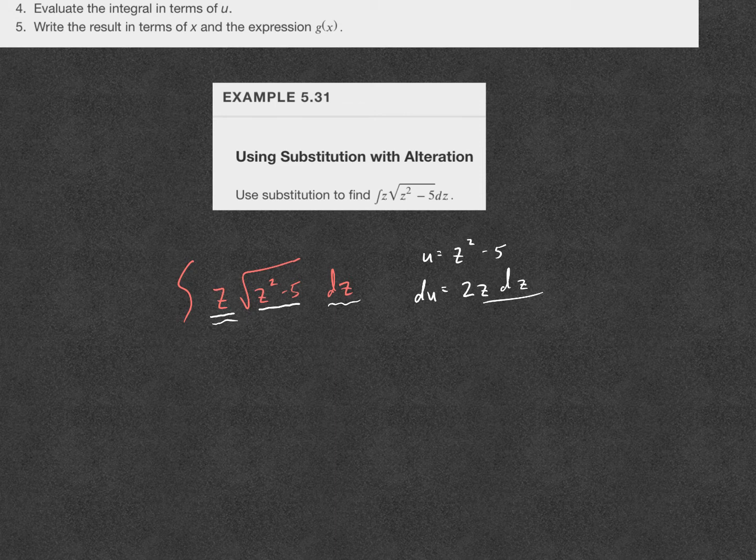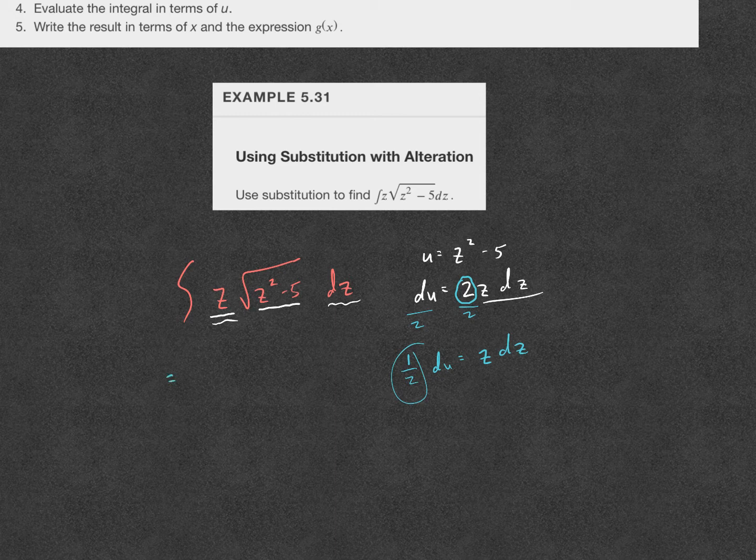Well, we're going to rewrite this 2 on the left-hand side. So I'm going to divide both sides by 2 and write 1/2 du is equal to z dz. Now all of the z's in the integral are accounted for, and I can write it all in terms of u's, but I have this extra factor of 1/2 that tags along with me.